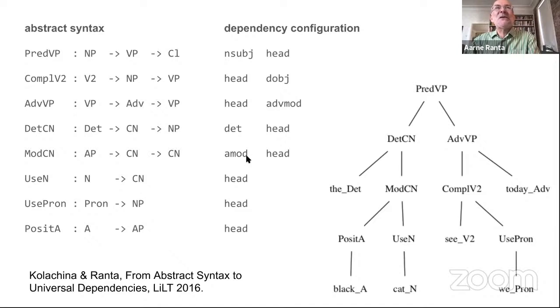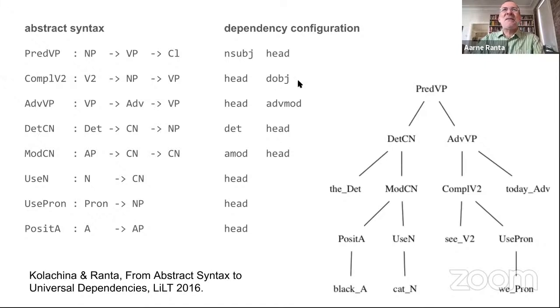Otherwise, there's a configuration where you have these labels, and you see that in PredVP, the first noun phrase is the subject, and the verb phrase is the head, or actually, because the subjects and heads are always words and not phrases, the subject is found in the noun phrase and the head is found in the verb phrase. Then for complementation, the verb is the head, and then there is a d-obj. This is actually old terminology from UD version 1, where obj was called d-obj.